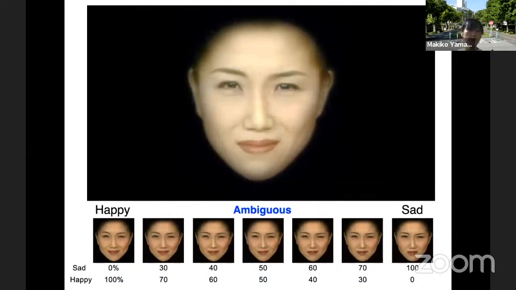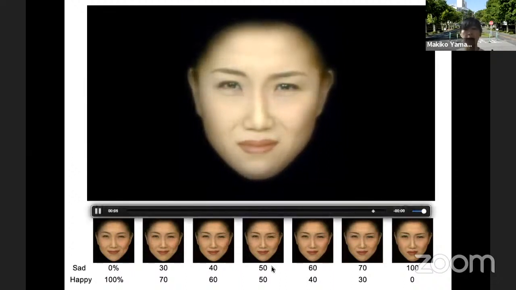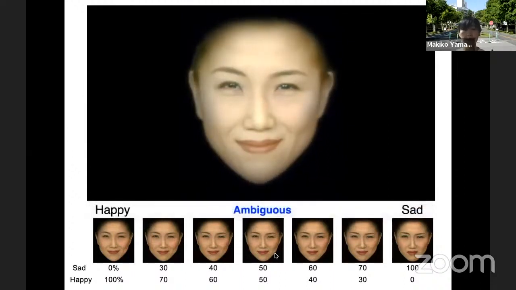We have morphed happy and sad faces, and we created an ambiguous face, 50% of each. And then we tested inside the scanner how subjects perceive this ambiguous face and which brain regions are associated with their decision.